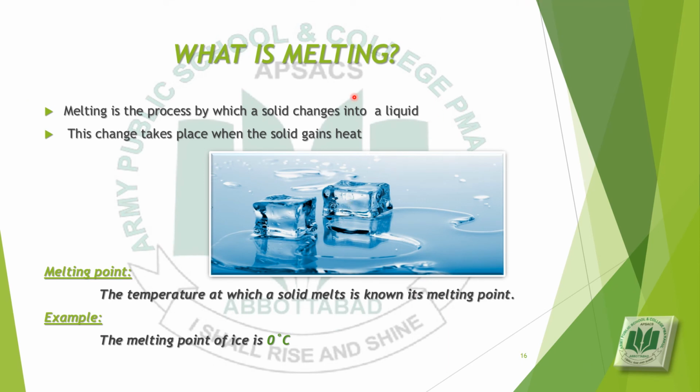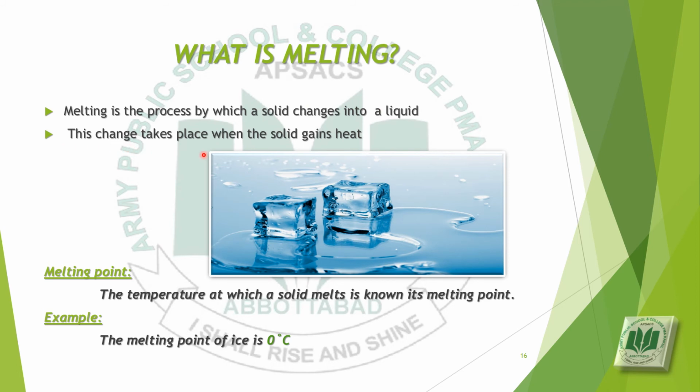Students, now here we are going to define another very important point of the lecture, which is: what is melting? We will define the basic definition of melting and try to explain it through an example. Melting is the process by which a solid changes into a liquid.